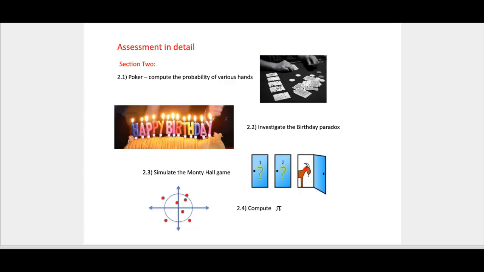It caused a huge controversy in the 1950s because there was a lady called Marilyn vos Savant who had an article in a newspaper, and she pointed out that the logical thing to do was always to change because you now had a 2/3 chance of winning as opposed to a 1/3 chance. She explained this in her article.